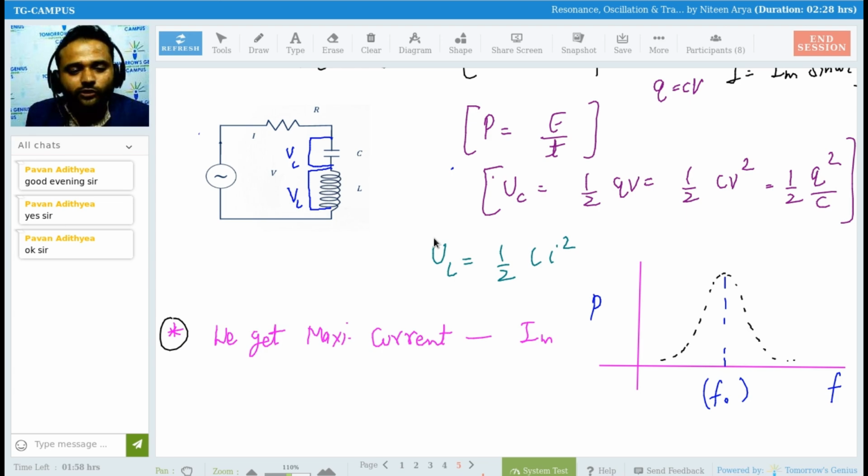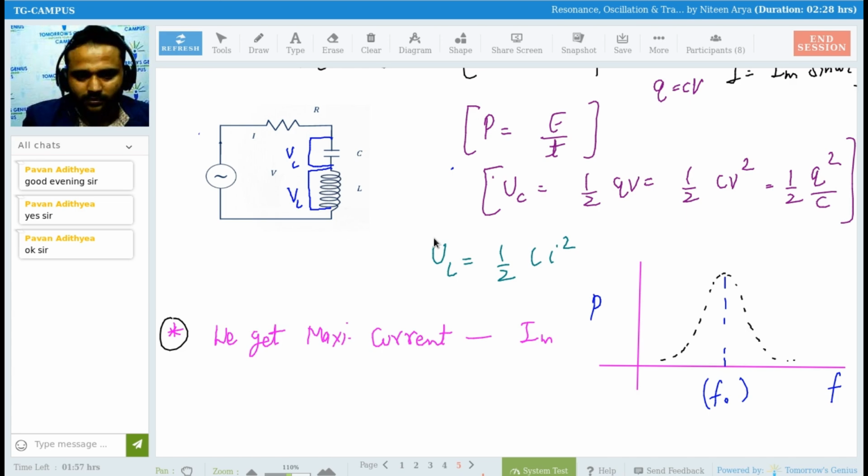Why should I make a resonance circuit? Why not any other? Because at this particular frequency, I get the maximum power. And when you get the maximum power, you can turn this energy, because power is energy per unit time, into other forms of energy also: motional energy, electrical energy, or heating energy. Clear?